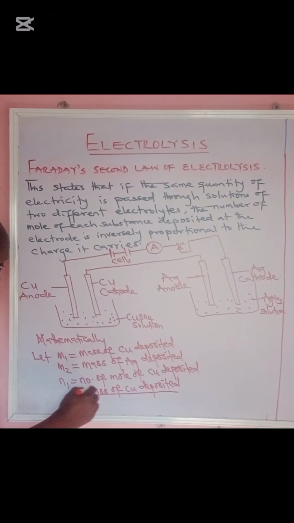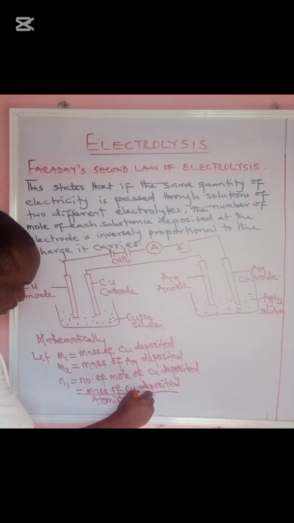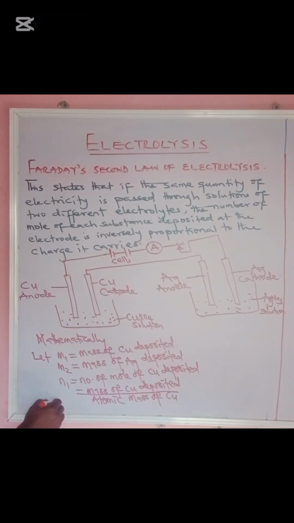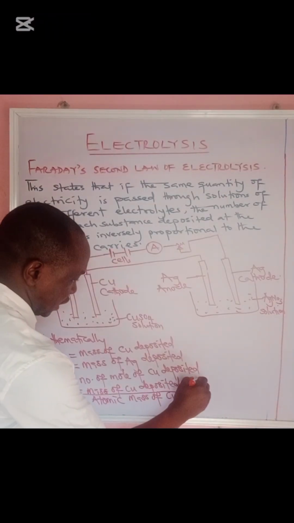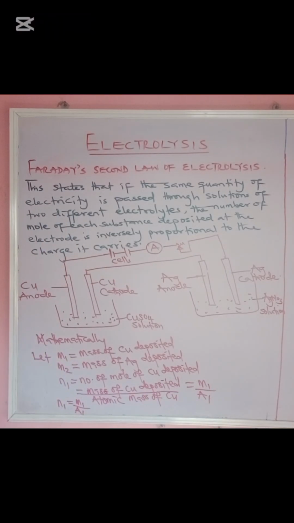That is mass of copper deposited all over atomic mass of copper. So let's denote it N1 is equal to M1, atomic mass, let me call it A1, so it will be M1 all over A1, where A1 means atomic mass of copper. Remember, copper is 63.5.